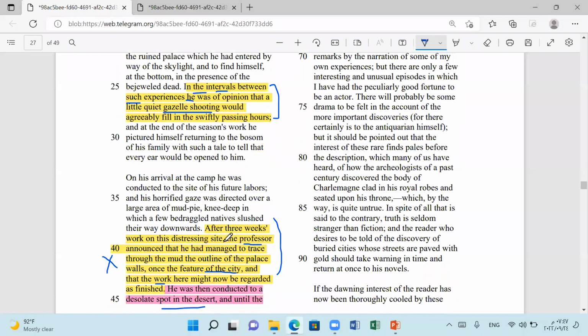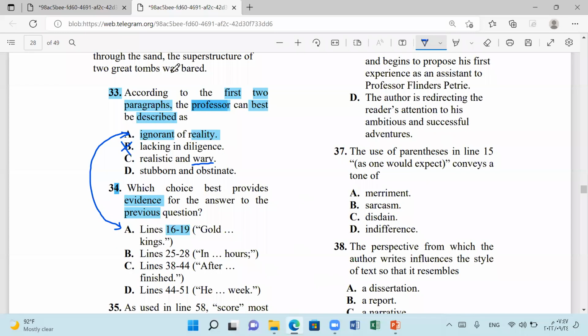The same thing applies to D. I don't have anything related to being realistic and wary. Wary, by the way, means cautious. You can write it down to add to your personal dictionary. Realistic means down to earth, not imaginative. So no match at all.